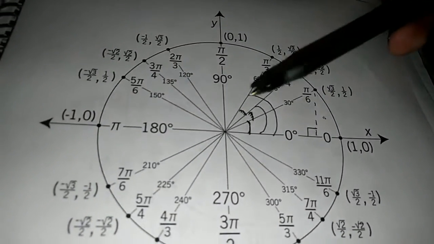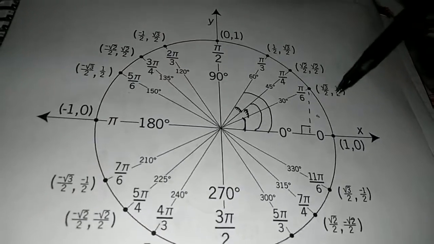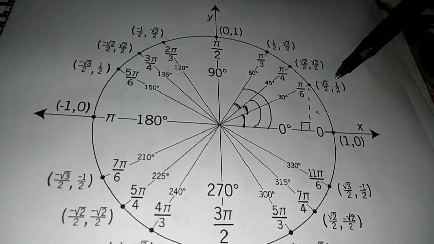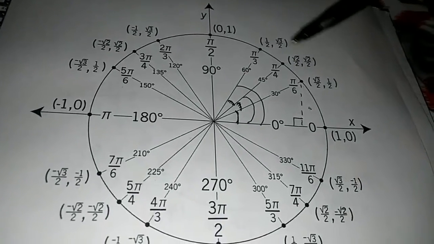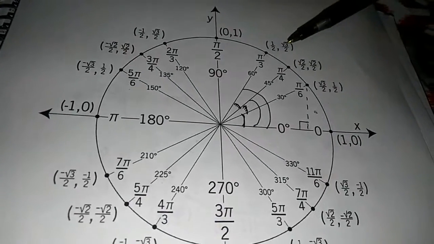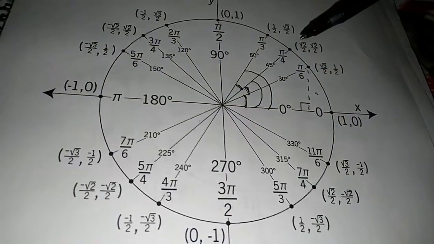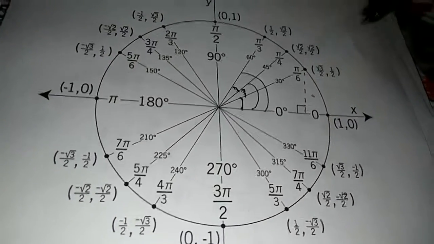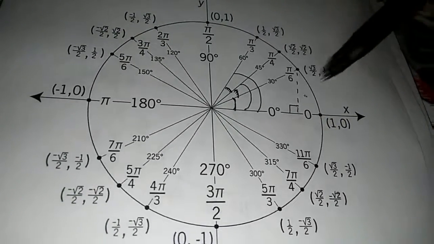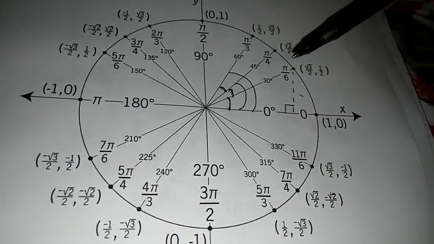These angles, when used with the trigonometric functions, give exact values, which are special values: pi thirds over 2, 1 half, root 2 over 2, root 2 over 2, and 1 half, root 3 over 2. These values are obtained by using sine, cosine, or tangent with these angles, in degrees or radians.